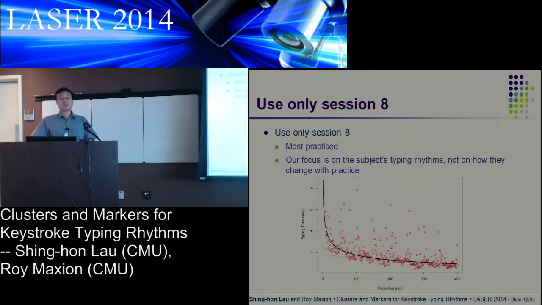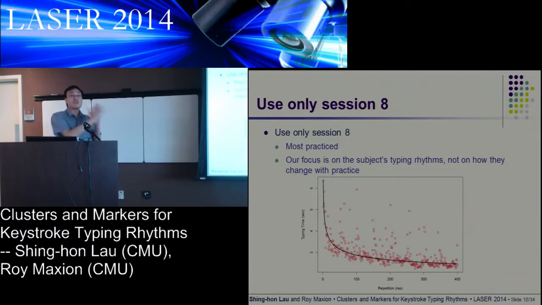Yeah, so we did try clustering with each of the sessions, and you can see that in session 1 it's kind of an amorphous blob. Everybody is kind of together in the same cluster. There's not any clearly defined structure. And part of that is because this is a curve for one person. Another person might be down here, another person might be up here. So you have many different curves for many different subjects.